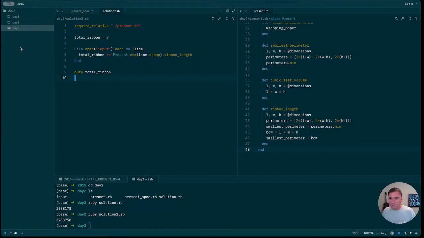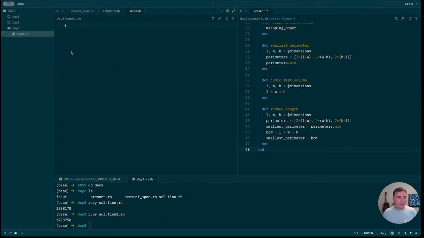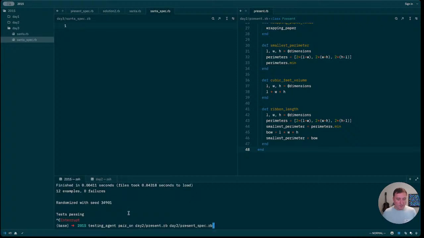So let's go back to the project. Let's do a new file, and we've got santa.rb and a new file santa-spec.rb. Let's go back here and change this to santa-spec day 3 and santa.rb day 3.